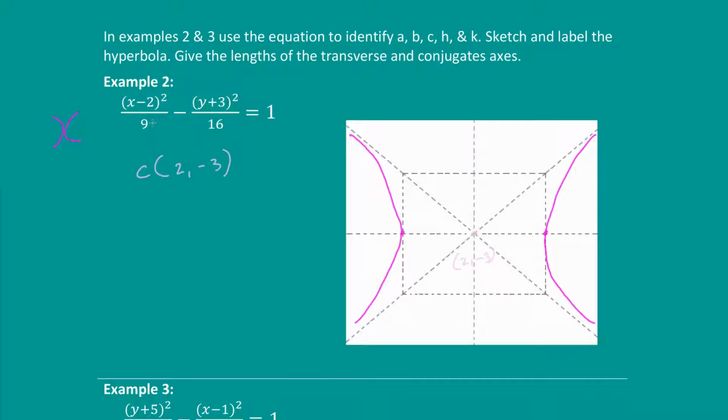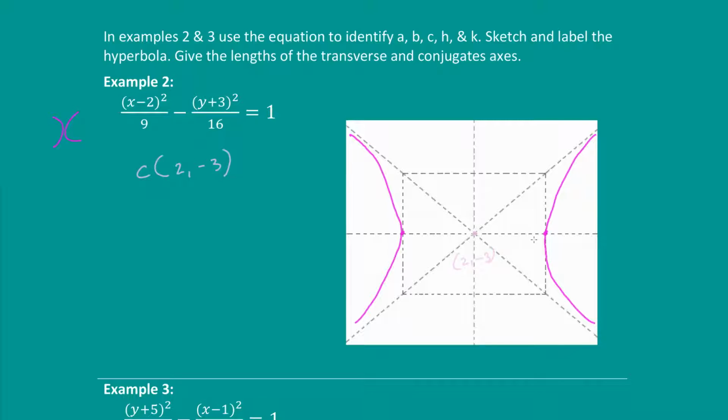Our A value, and you can see that our A doesn't necessarily have to be the larger one anymore. Our A is just going to be our transverse axis. So in this case, my A squared equals 9.